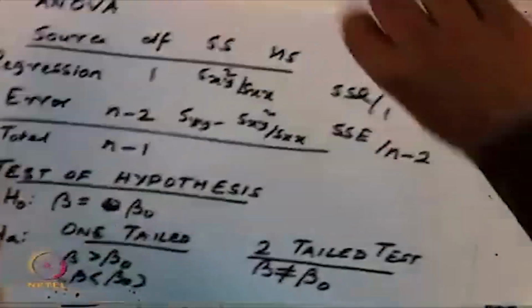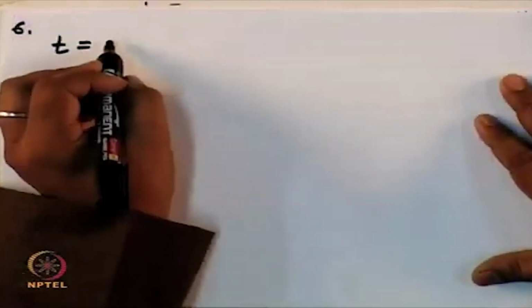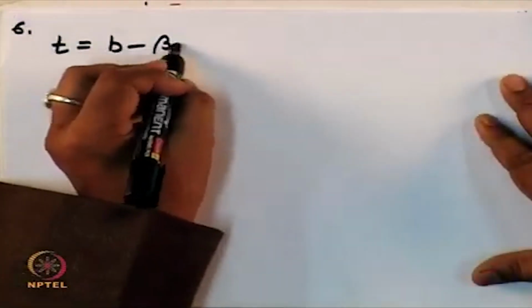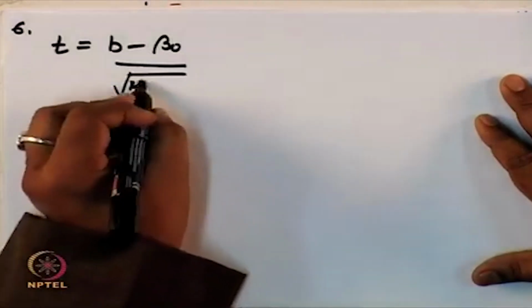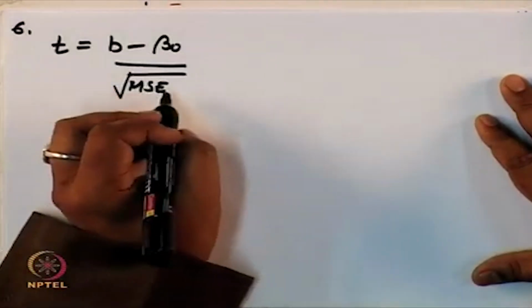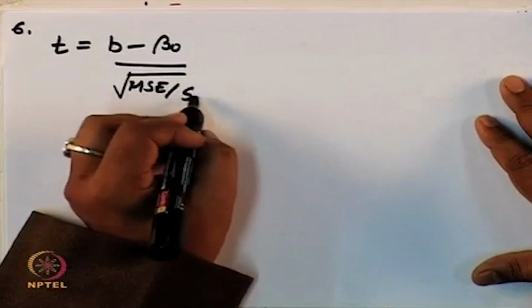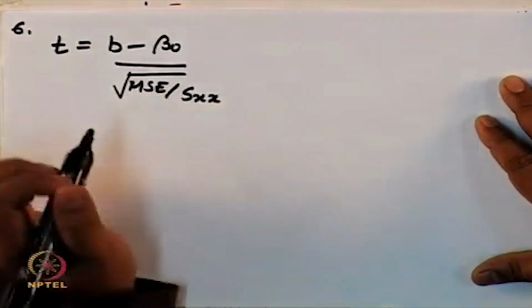Okay. So, for doing this we can use the student's t test, okay, to find out whether the hypothesis is correct or not. We can use the t statistic given by the expression beta minus beta naught by root of MSE by Sxx. Okay.